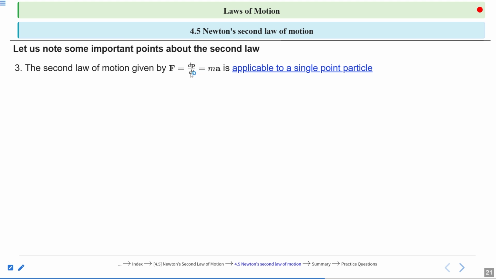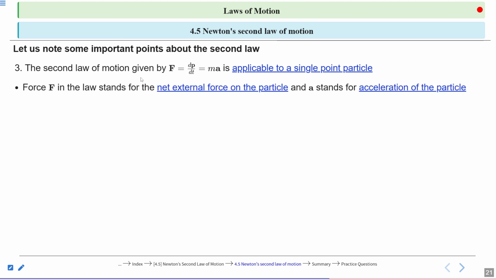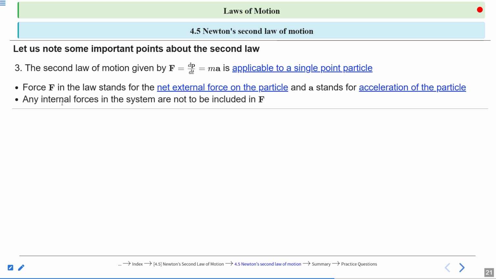Single point means the size of the particle should be very small. Force F in the law stands for the net external force on the particle, and a stands for acceleration of the particle. Any internal forces in the system are not to be included in F.